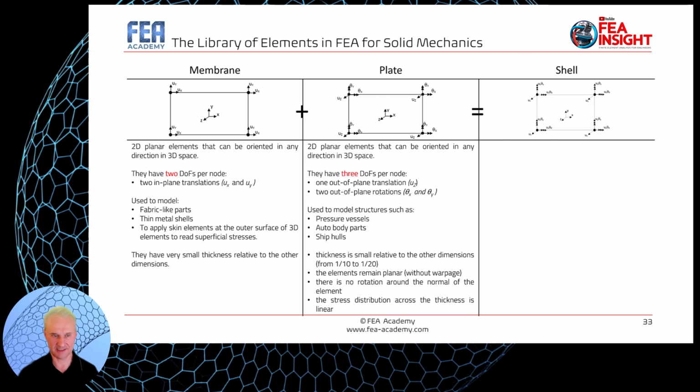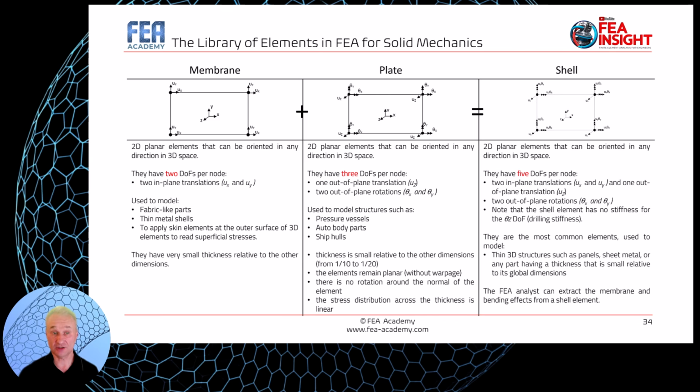The thickness is small relative to the other dimensions, from 1/10 to 1/20. The elements remain planar without warpage, and there is no rotation around the normal of the element. The stress distribution across the thickness is also linear.